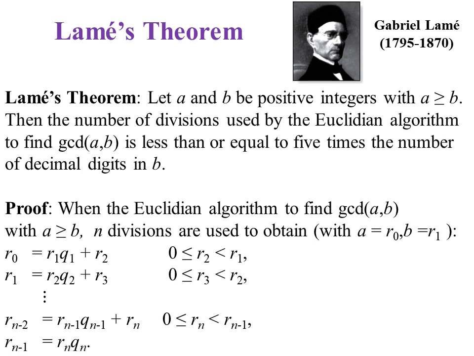When the Euclidean algorithm is used to find GCD of a, b, where a is greater than or equal to b, n divisions are used to obtain the greatest common divisor. We start with a equal to R0 and b equal to R1. How it proceeds is we call with GCD of R0, R1.